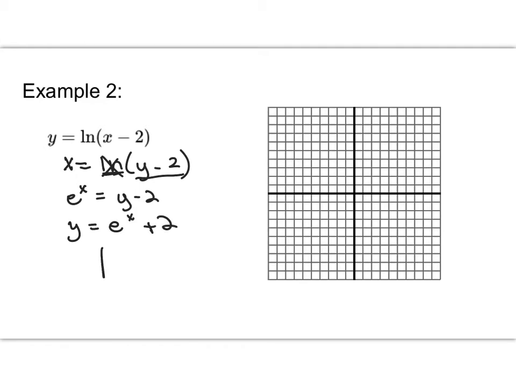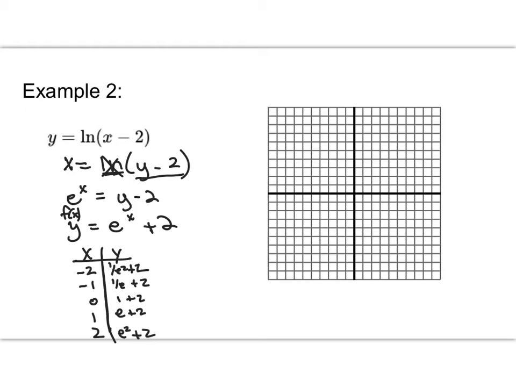All right, let's make a table of values. So if I do small numbers, -2, -1, 0, 1, and 2, and I put that into my function here, f of x, then I get 1 over e squared plus 2, 1 over e plus 2, 1 plus 2, e plus 2, and e squared plus 2. Now, as much as I love these numbers because they're exact, they're not really very much use when I'm trying to graph them.